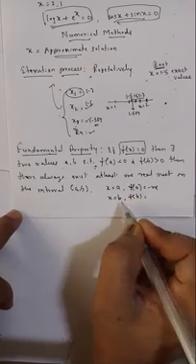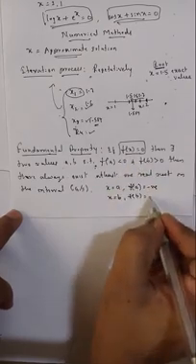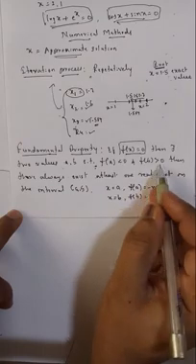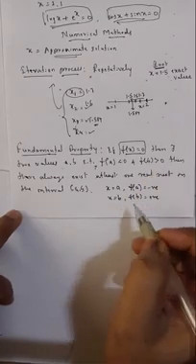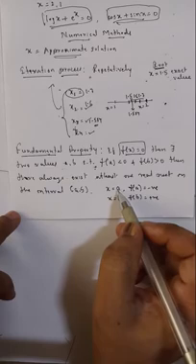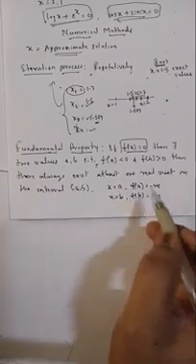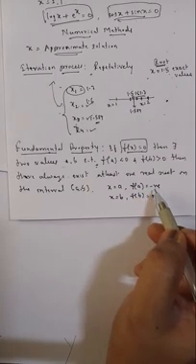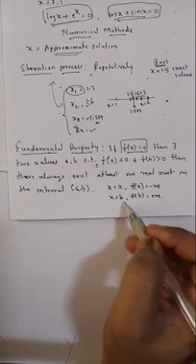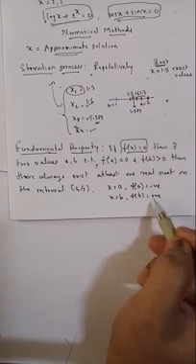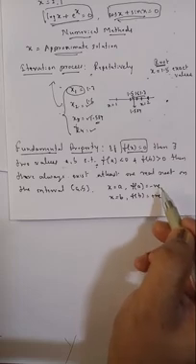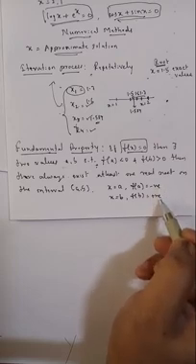Then at x equal to b, the value of the function is positive, that is greater than 0. See that again, at x equal to a, the value of the function we get as negative, and at x equal to b, the value of the function is positive. One should be negative and one should be positive.